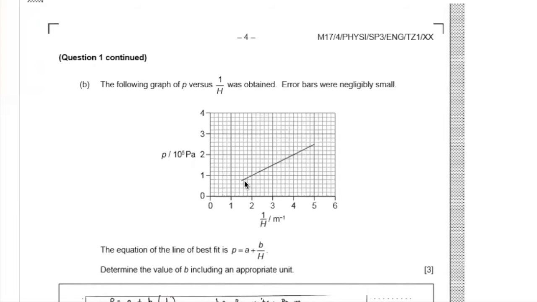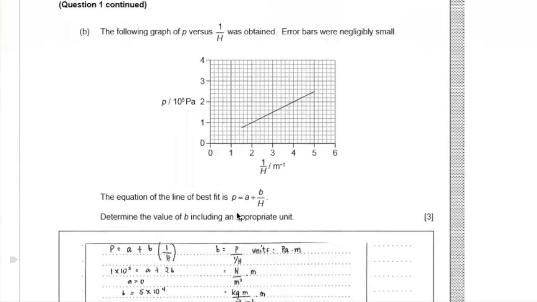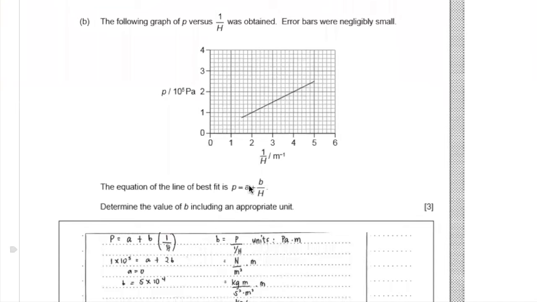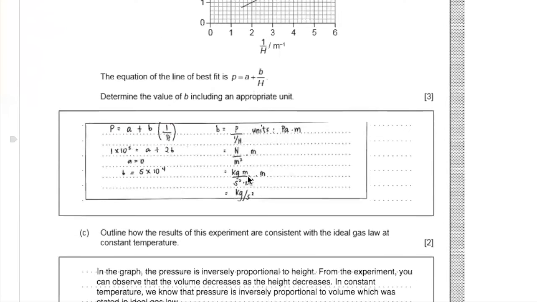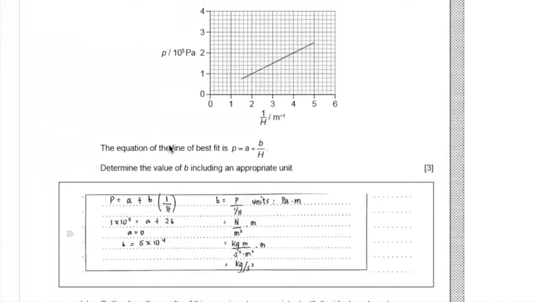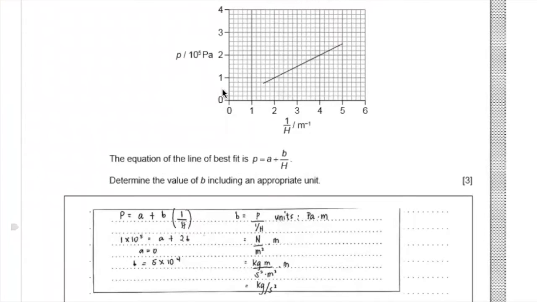Notice that if we draw this line, it is starting from 0. So the y-intercept here is 0. The A here is 0. So in here, I will just choose a point. I will choose this point.